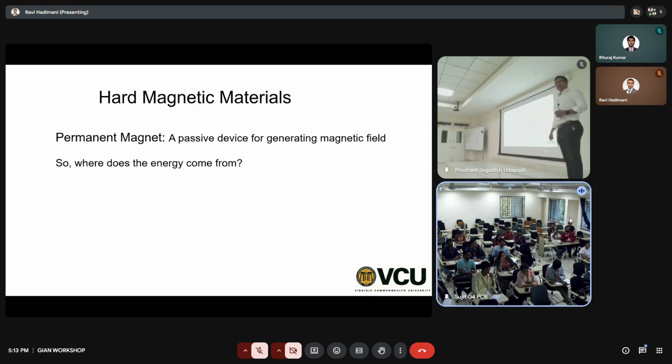So where is the energy coming from? If you apply a small negative field, the power doesn't decrease.